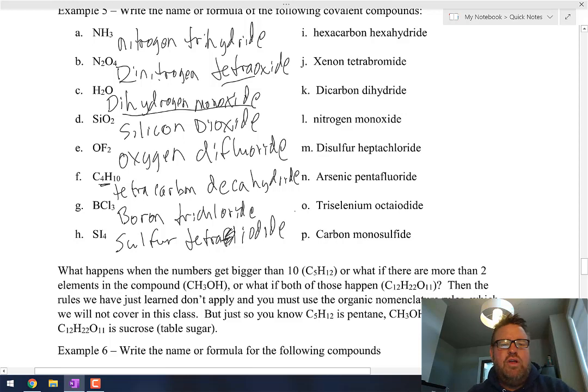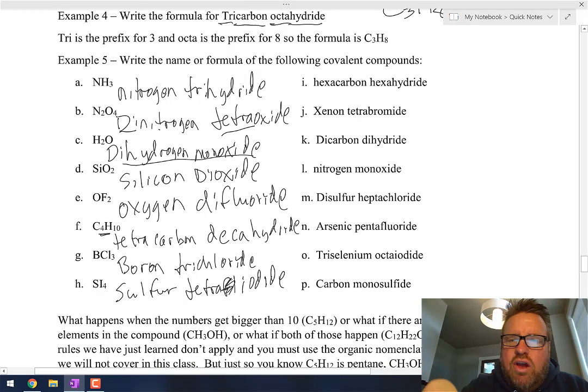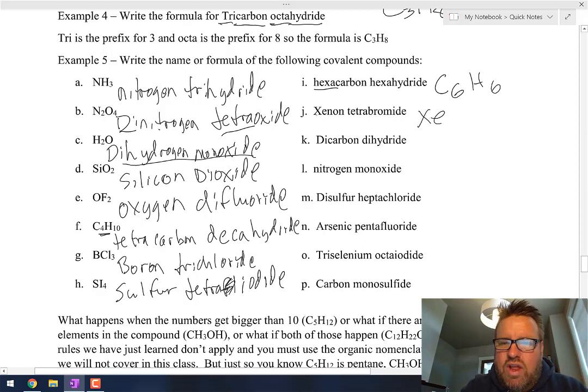And then H would be sulfur tetra, not fluoride, oops, iodide. Okay, sulfur tetraiodide. And then over here on the right-hand side, again, I'm just looking at the prefixes. So C6H6. Xenon, notice if there's no prefix in the front, we know there's one of them. So that's XeBr4. Dicarbon, C2. Dihydride, H2.